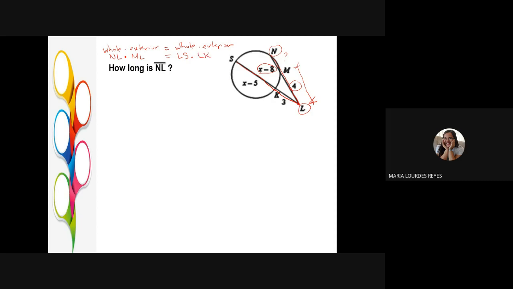So, we took the whole and multiplied it by its exterior. We took the whole, which is SL, and multiplied it by its exterior. So, look at the solution now. What you said earlier, NL times ML, was replaced by LM, which is the same.